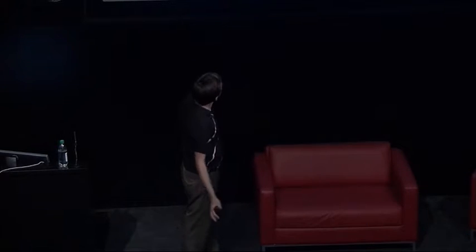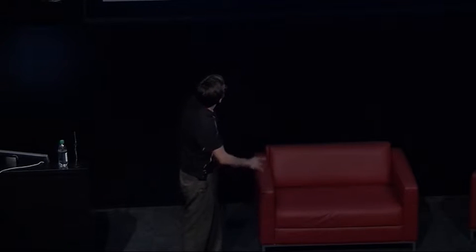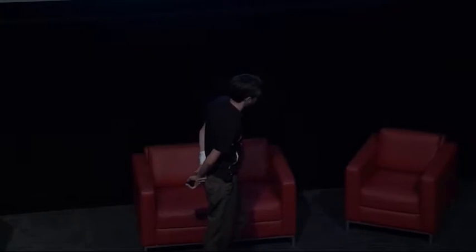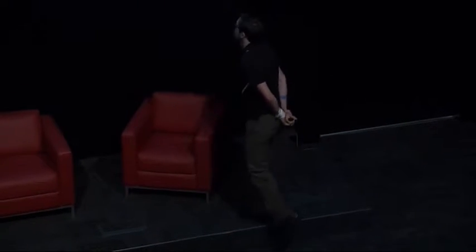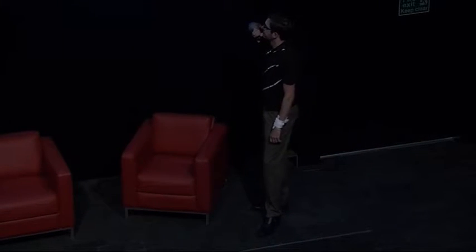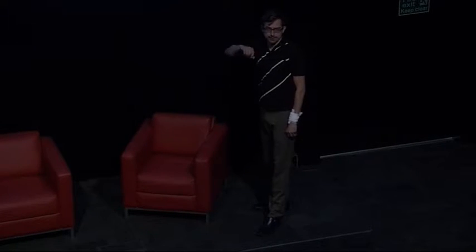Expressions have all the normal stuff that you are well used to, including this event expression that we saw earlier. There's no connection now between functions and events? No. Okay. We assume that the program is simply typed. So there are some base types, in this case integers, bools, and unit. And then there are arrow types.